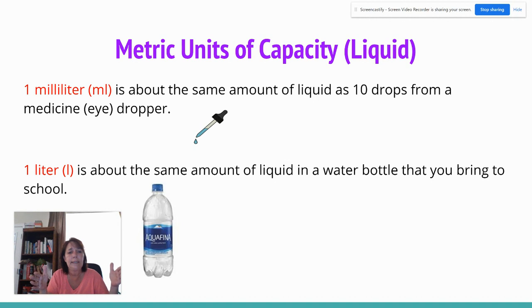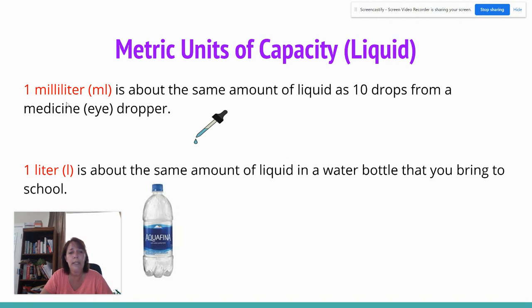A liter is the capacity, how much something will hold, which is usually a liquid. So I like to think of it this way: L for liquid, L for liter. Liquid, liter. That helps me remember it anyway.